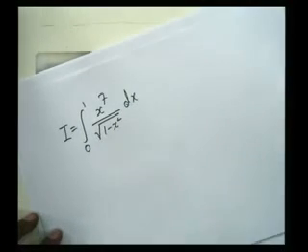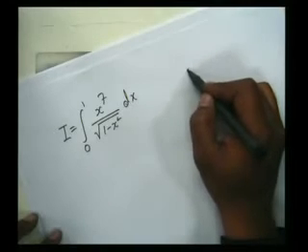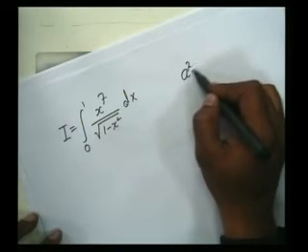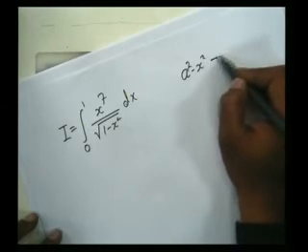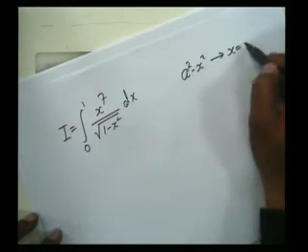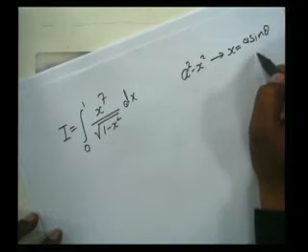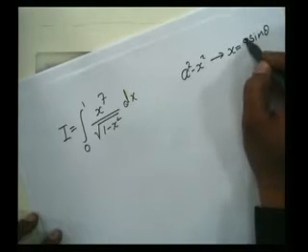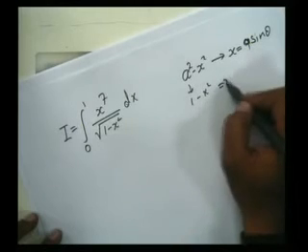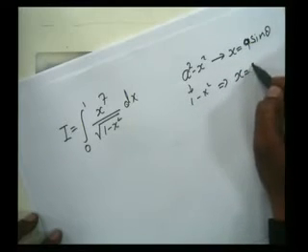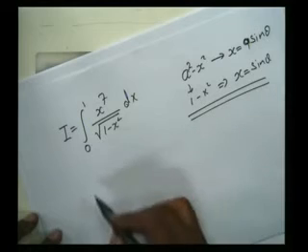In the 12th standard, we learned that if any integration has the form a square minus x square, then we have to assume x equal to a sin theta. Here a equal to 1, so we have to assume x equal to sin theta.